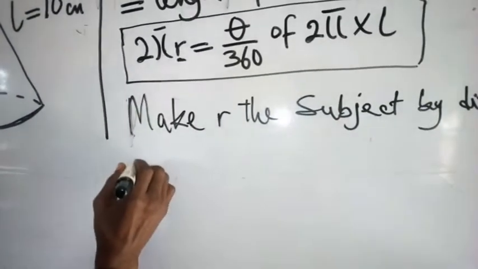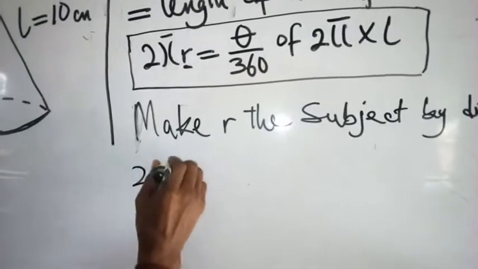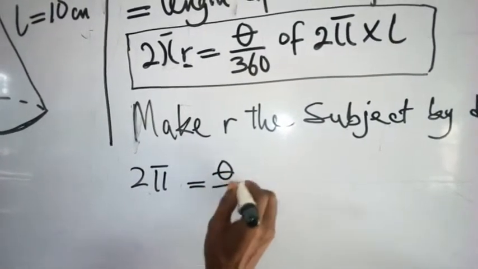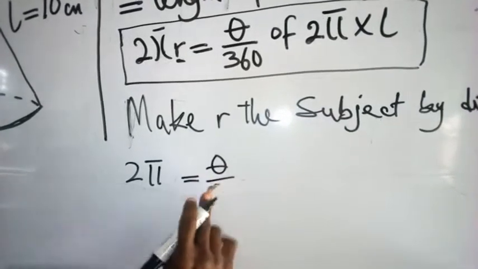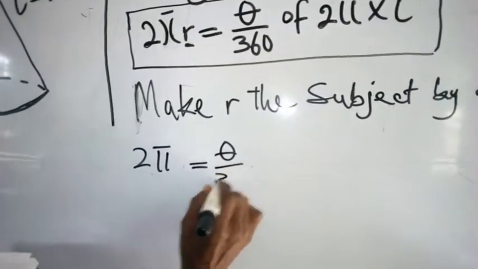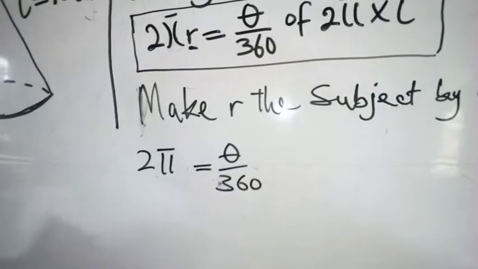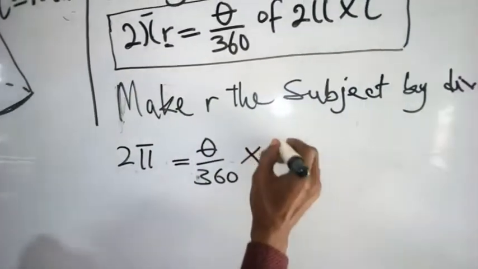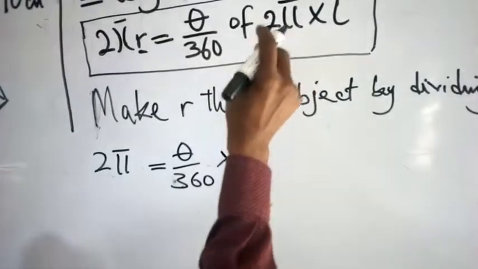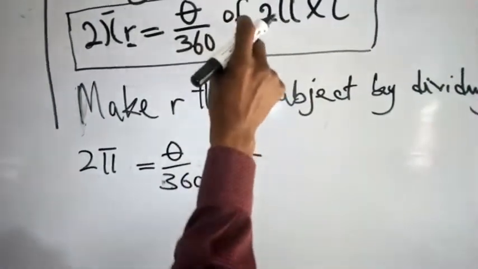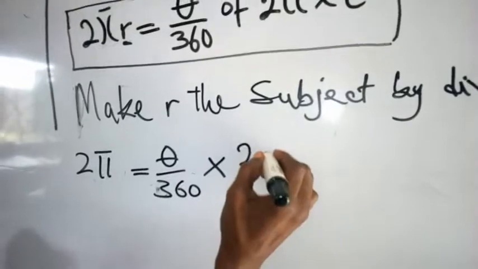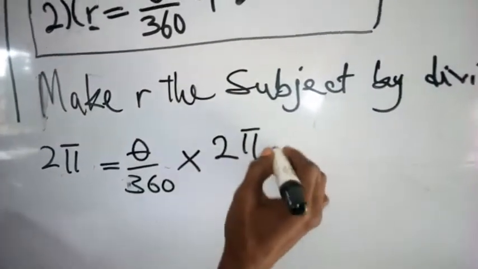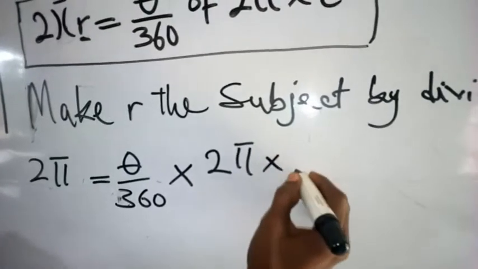We say 2 pi r is equal to theta all over 360 times this 2 pi, this of means times, 2 pi times slant height.